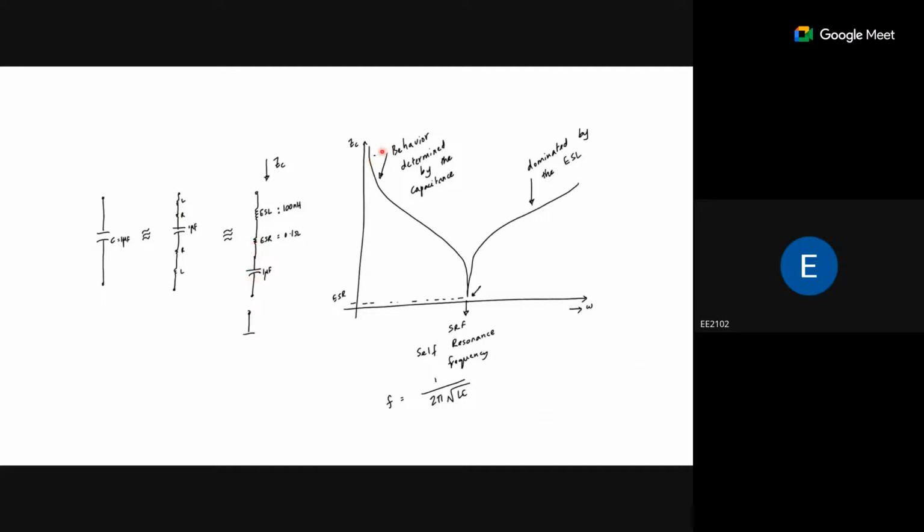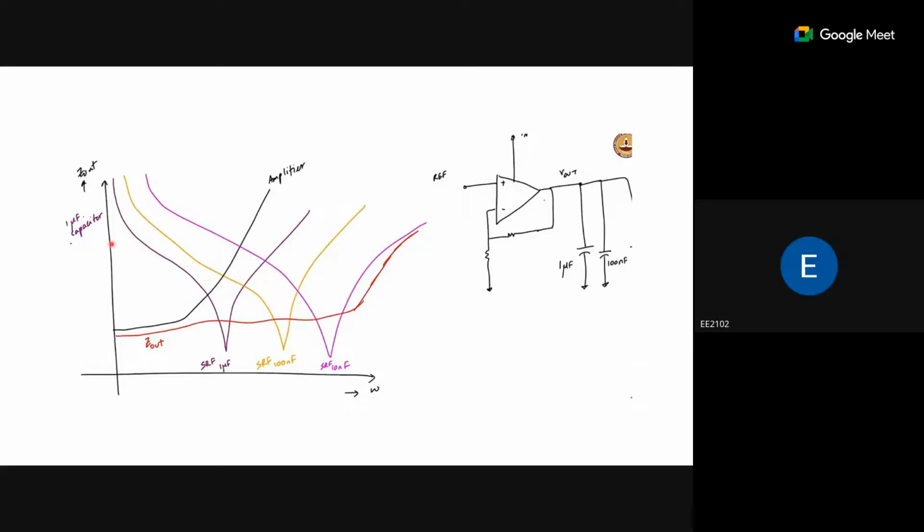Normally it behaves like this, where the inductor resistance and capacitive effects dominate in different regions, and it depends upon the capacitor value you have taken. Based upon that you find the resonance frequency, which you already know is 1 over 2 pi root of LC. Similarly, based upon the capacitor values we may get different resonance frequencies, and we can design accordingly.